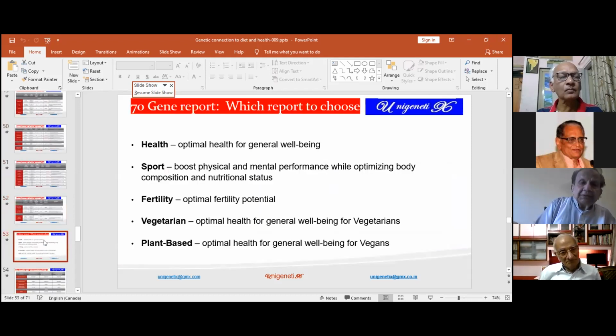So you get your genetic report and you can choose, at least here in Canada, in this case, you've taken the patient's history of dietetic preferences and what he wants. So you ask your report to be health oriented, sport oriented, fertility oriented, vegetarian oriented, plant based, vegan oriented.